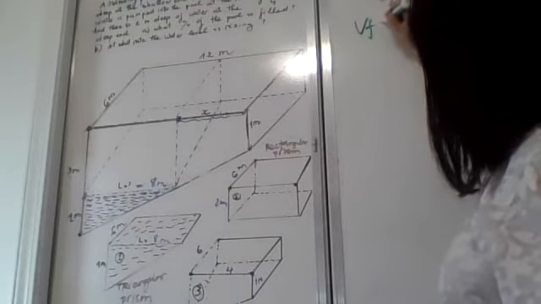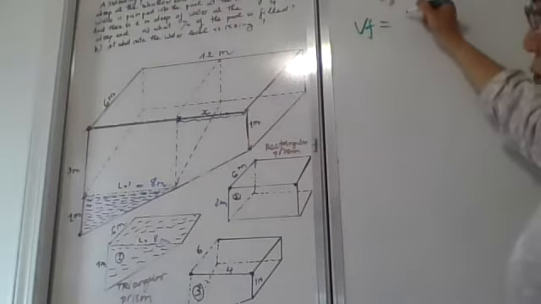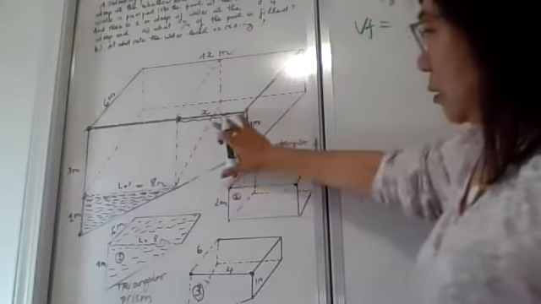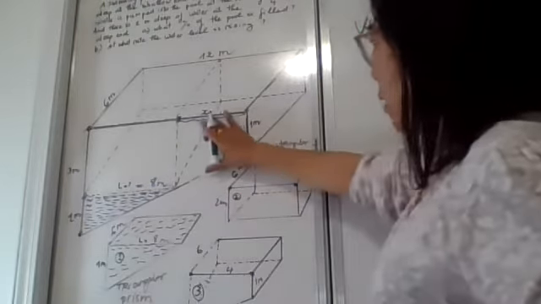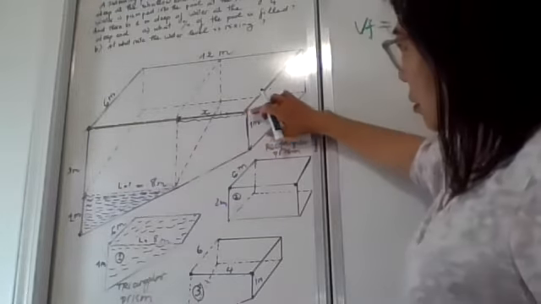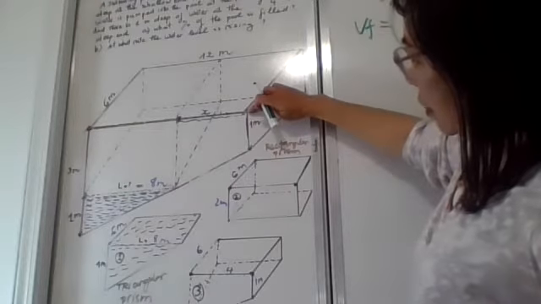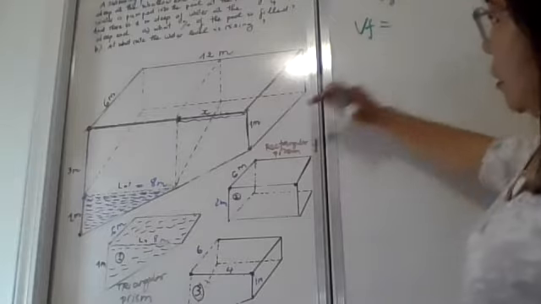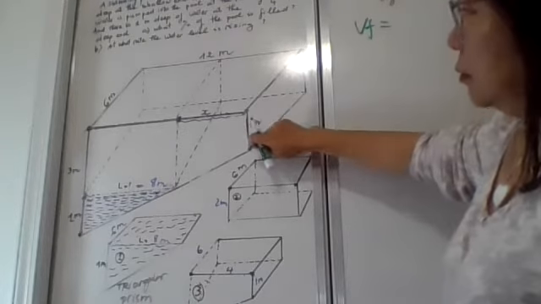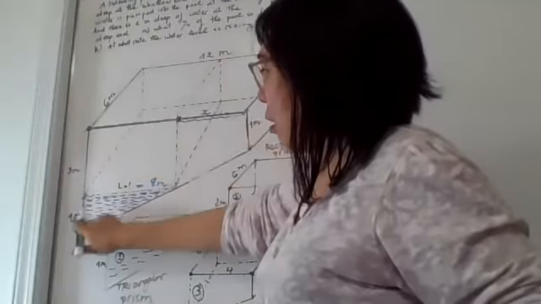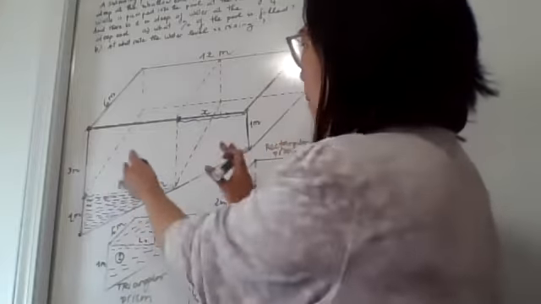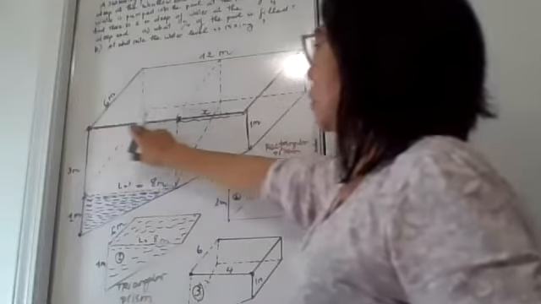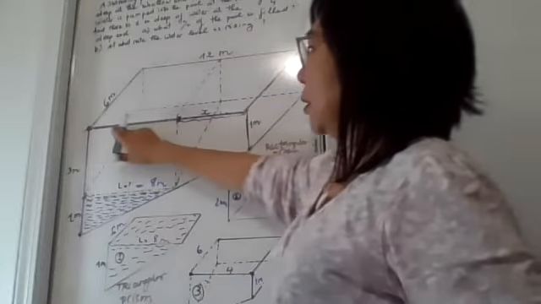V full, VF, will be equal to the area of the base. The area of the trapezoid is the short length added to the long length, divided by 2 to take the average, times the height of the trapezoid.